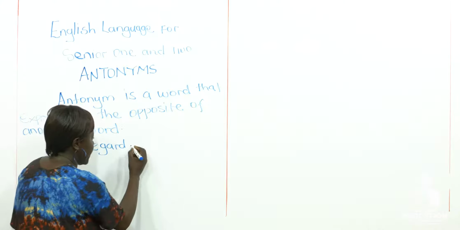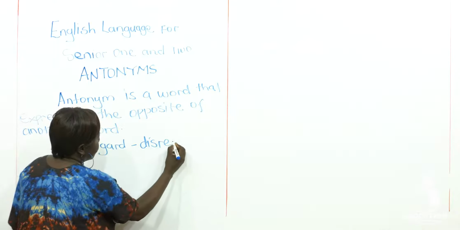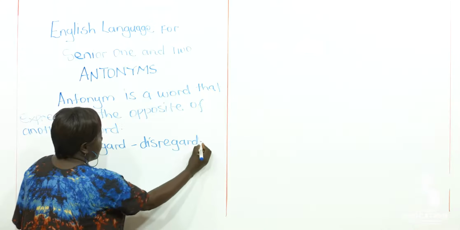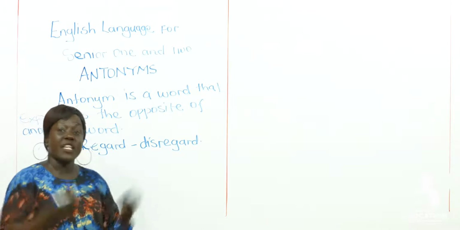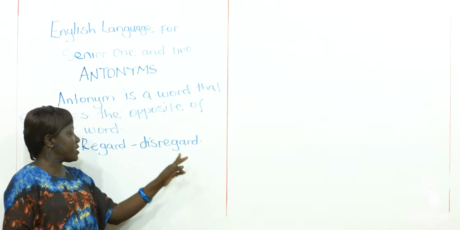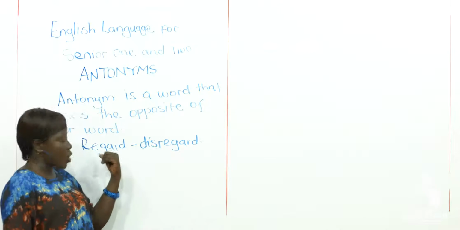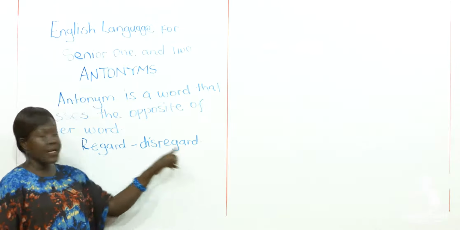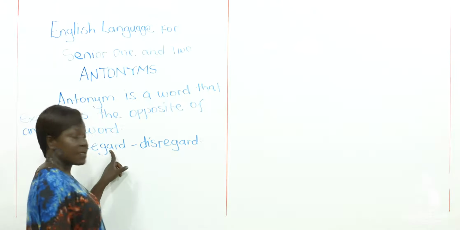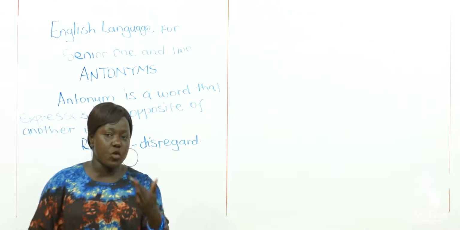Disregard means not to consider it. Meanwhile, to regard means to consider it. This one means not to consider. It is already the opposite of this word. Therefore, disregard is an antonym of the word regard. We are going to call that original word our root word.